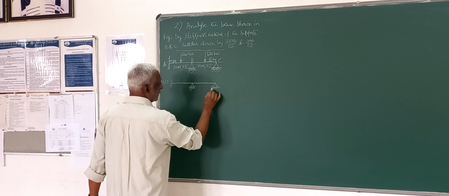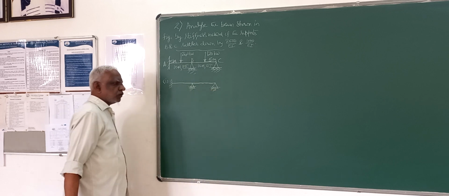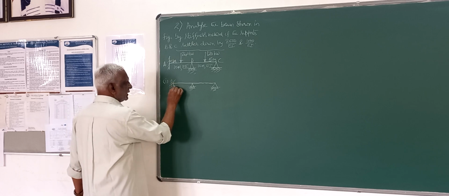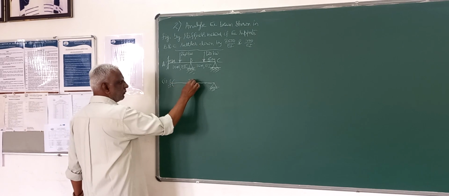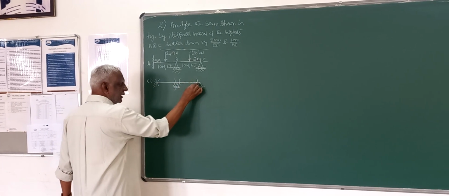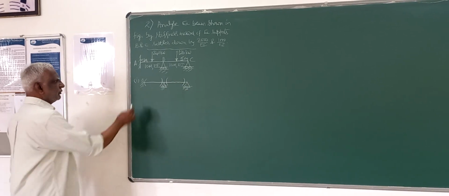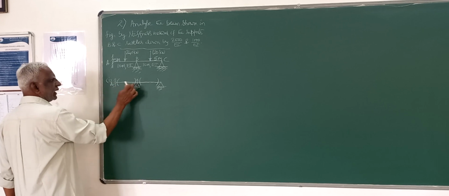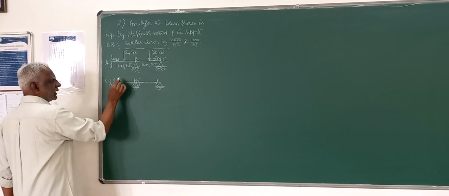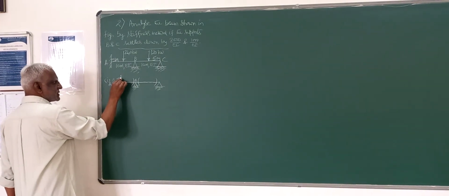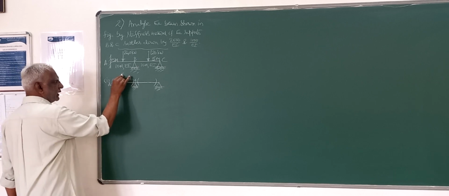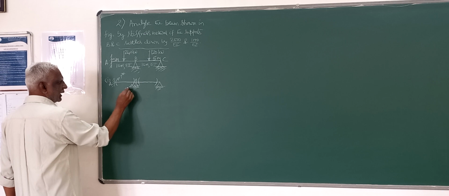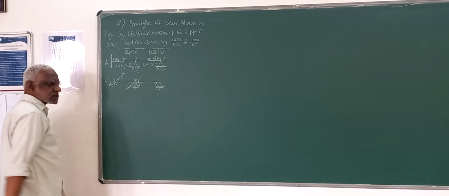So usually, I told you, the member end forces which we have to determine during analysis are selected as the moments at the ends of the member. So if you take the member AB, the moment at the end A is denoted by coordinate 1 star, and moment at B is denoted by coordinate 2 star.